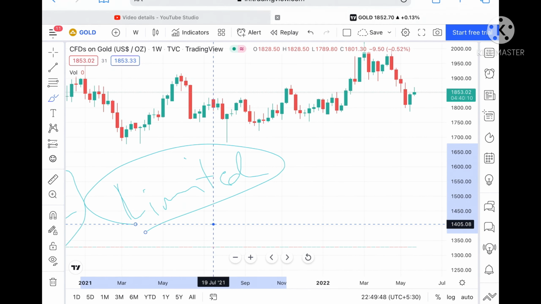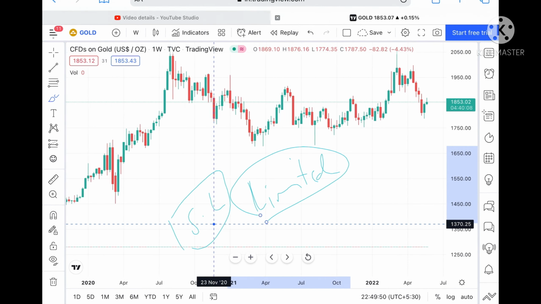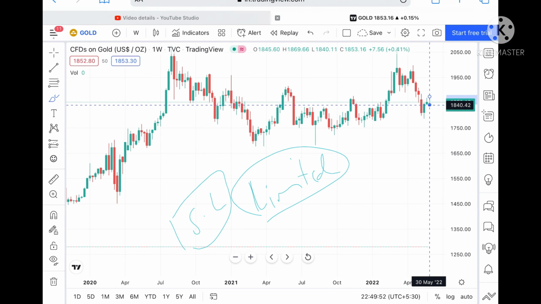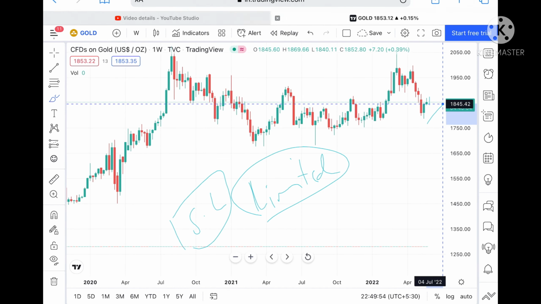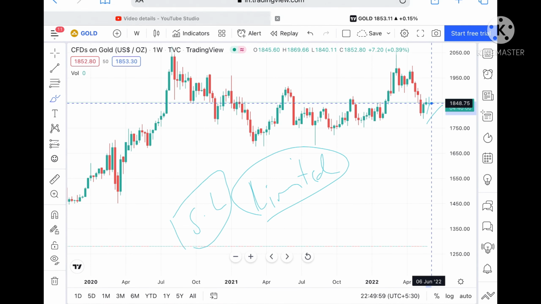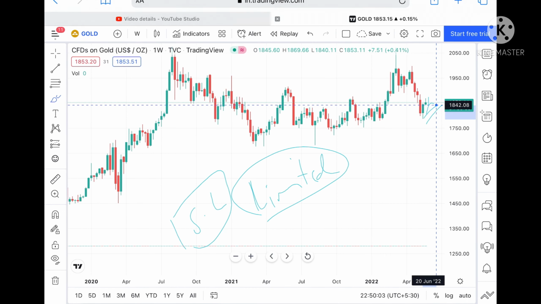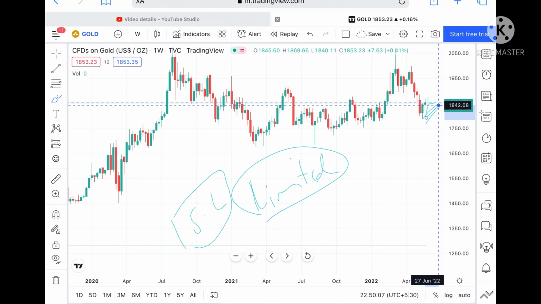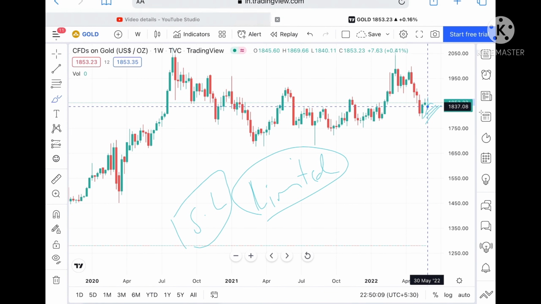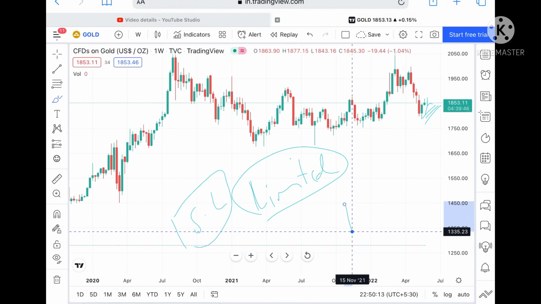Now if the price doesn't sustain this particular level, we can see it can move further down towards a level of 1847, and if the price doesn't sustain this level also, then we can see it can touch a level of 1842. If it goes below that level, then we can see it can go further down towards a level of 1837.